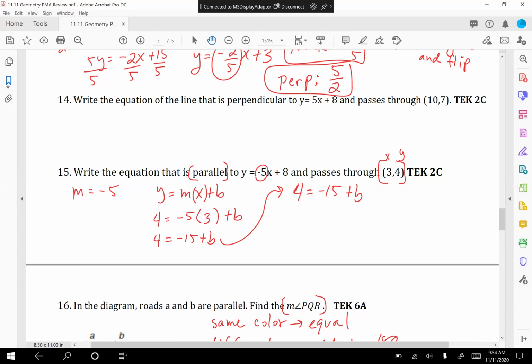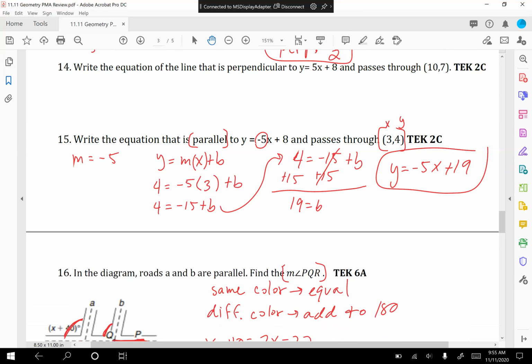If I want to get it to the other side, I have to do the opposite, so I'm going to add 15. 15 plus 4 is 19. So that's b. Now you just write y equals, and you put your m, -5, x, and then we put b, so plus 19. There you go.